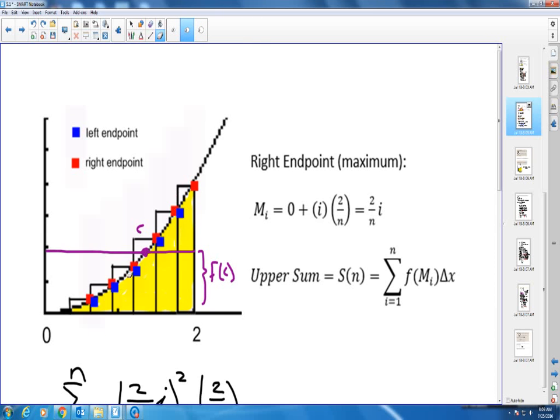Somewhere along this curve, the area under the curve is equal to the area of a rectangle, and that value c and f of c create an area equal to the area under the curve. Very unique, interesting idea.